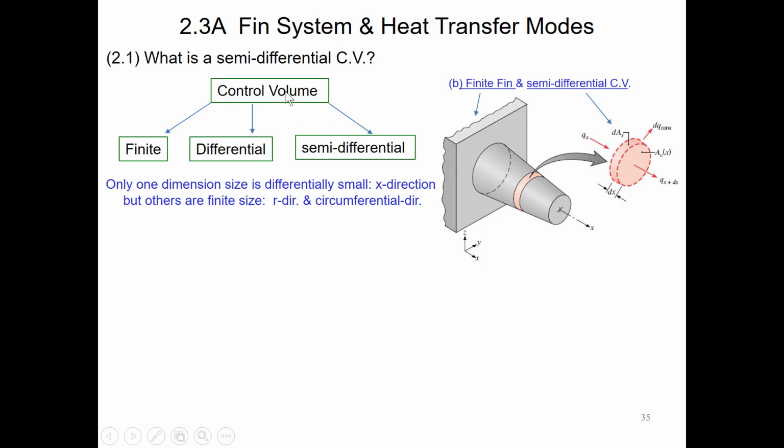Second, the control volume could be a semi-differential one if only one dimension size is extremely small, like dx in x direction, but other dimensions are finite size, like the one in r direction or circumferential direction. Now you know what a semi-differential control volume is.